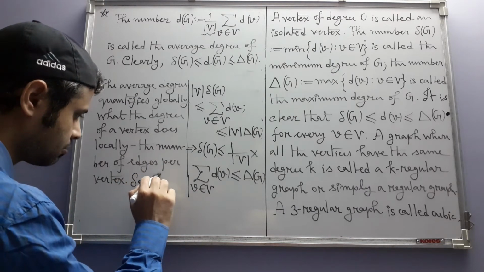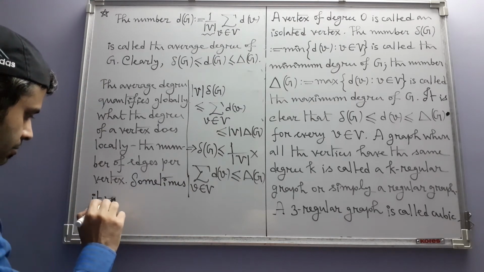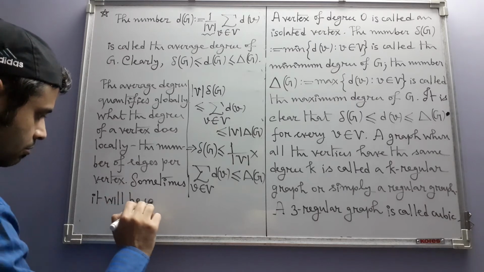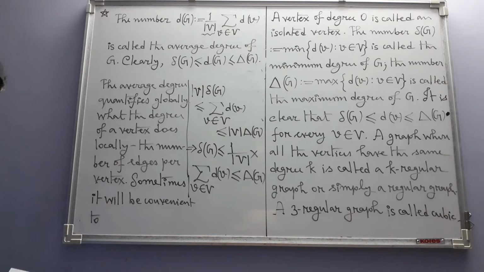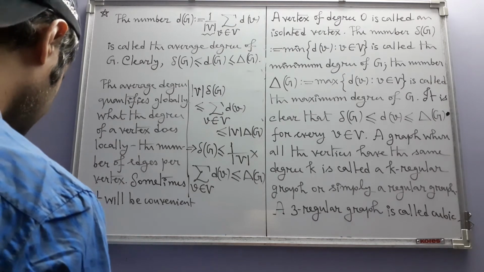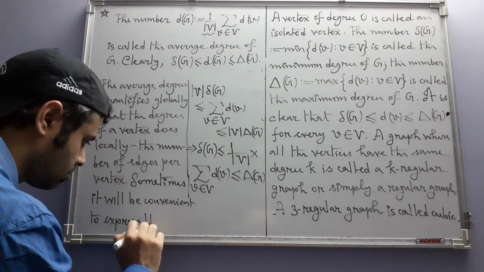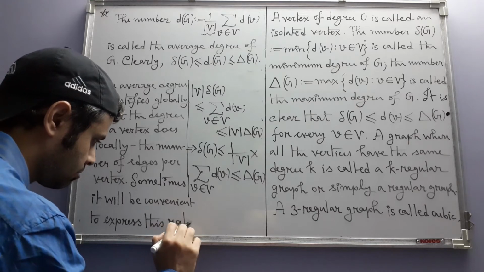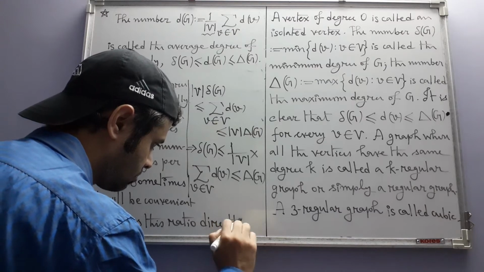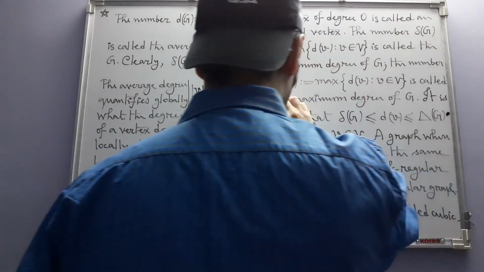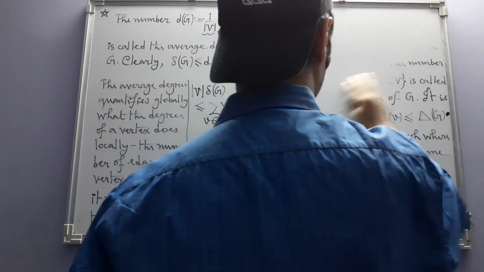Sometimes it will be convenient to express this ratio directly like this: the number of edges per vertex.